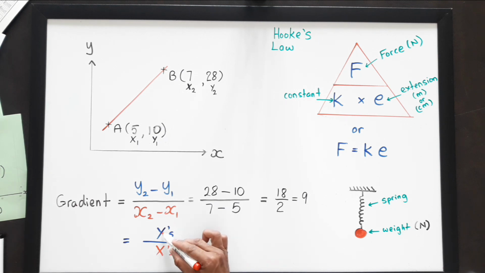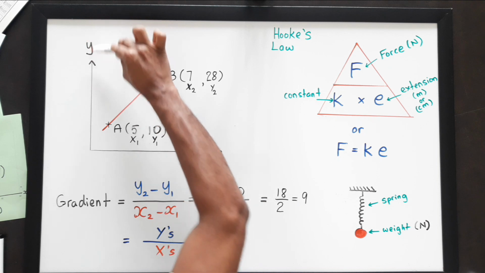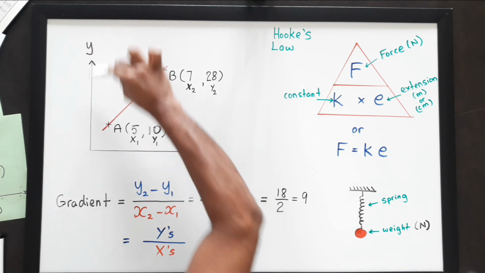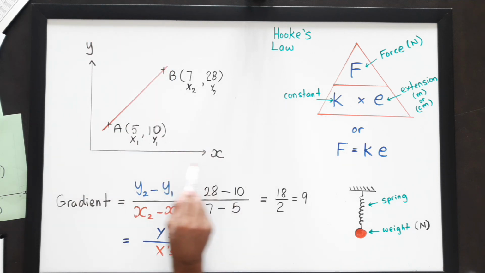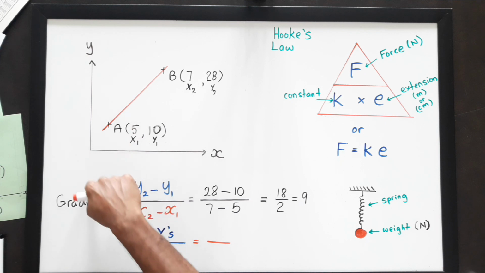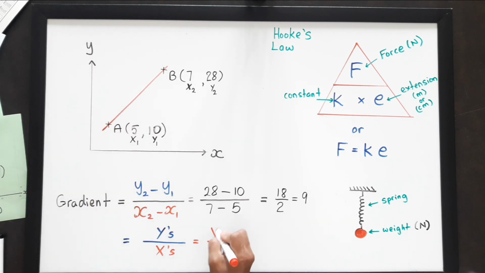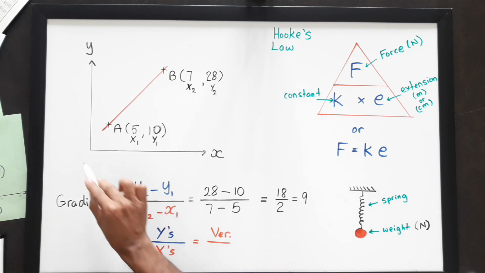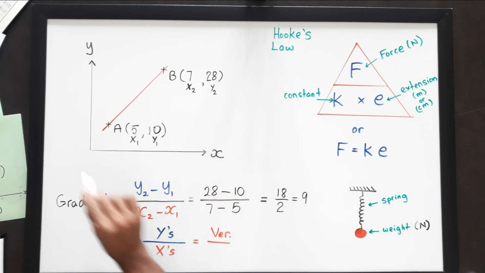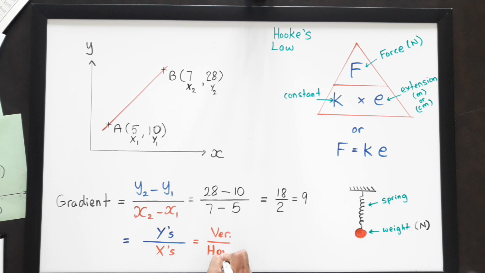Remember, the y-axis is the vertical and the x-axis is the horizontal. So another way of looking at it is that you're taking the vertical values, VR is just an abbreviation for vertical, and you're dividing them by the x values, which are horizontals. So that's another way of looking at it.